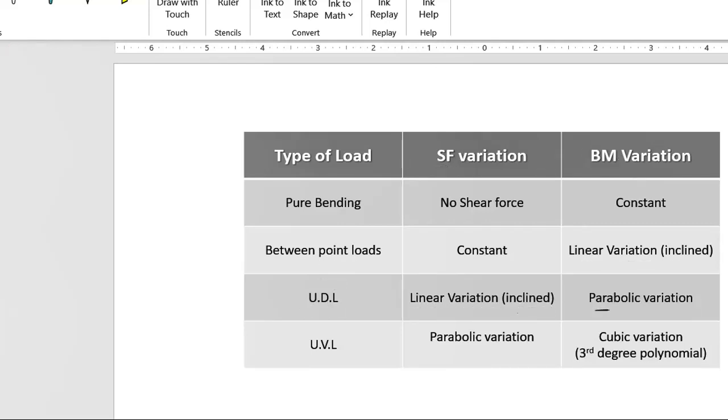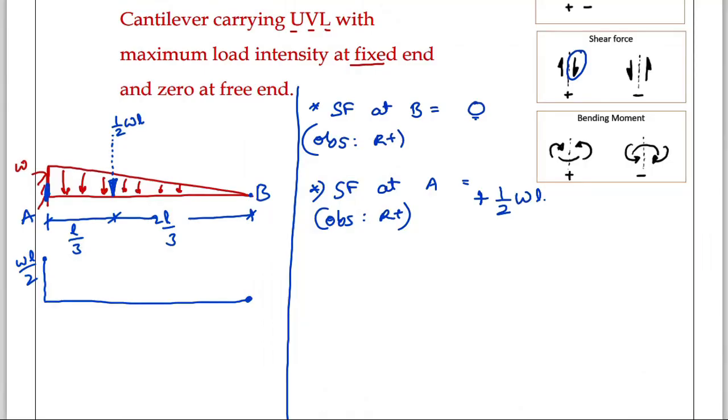UVL. I am dealing with UVL, and for UVL the shear force has parabolic variation. Parabolic variation means I have to join it like this. This is the positive shear force diagram, SFD.